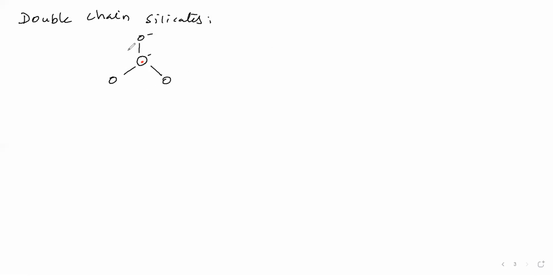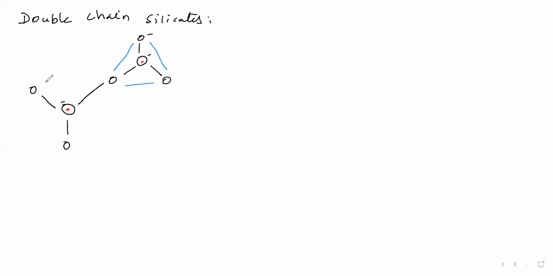Next, we will give this blue color in order to say it is one SiO4 unit. Next, we will go for another SiO4 unit. Here silicon, here O minus. This silicon is making a bond with this O. Next, here O minus, negative charge I have not given here. Here O minus, negative charge I have not given here.